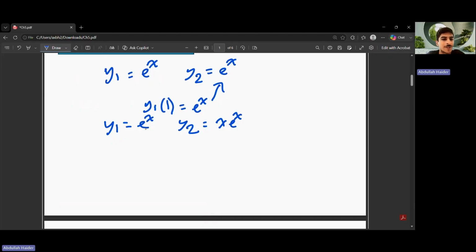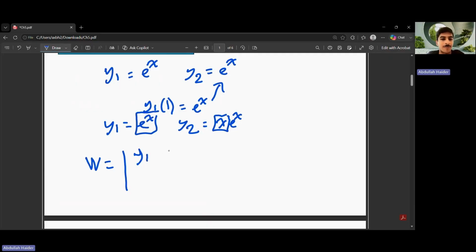No matter what constant I multiply this by, 2e power x, 3e power x, I'll never get this x over here. This x is present just to make the solution independent. And the Wronskian is always used to determine the independence and dependence of solutions.